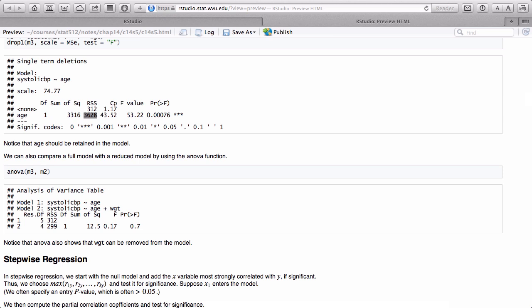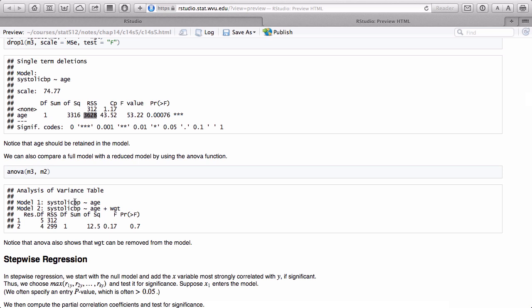I did one more thing. I did anova of M3 and M2, which simply compares model 2 to model 3. What they call model 2 is actually the one that has both terms in it, and model 3 only has age in it. So what I called M3 is really model 1 in that notation.